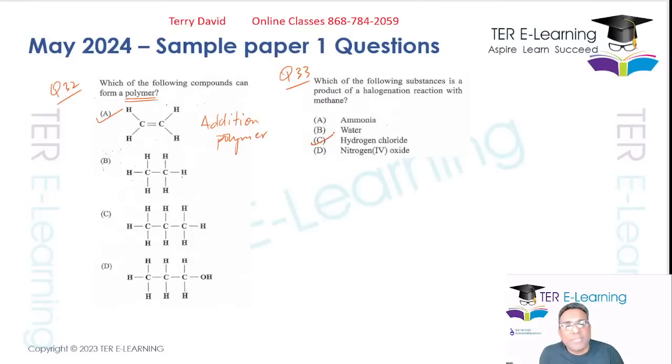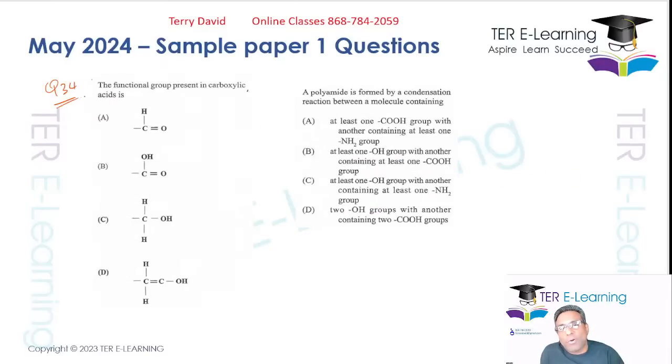Yes, it is going to be C, and here's why. If you have CH4 reacting with chlorine gas, the only way this is going to react is with UV light. So you're going to get a substitution reaction. You will get something like CH3Cl, plus one of the products will be HCl, hydrogen chloride. So that's question 33.